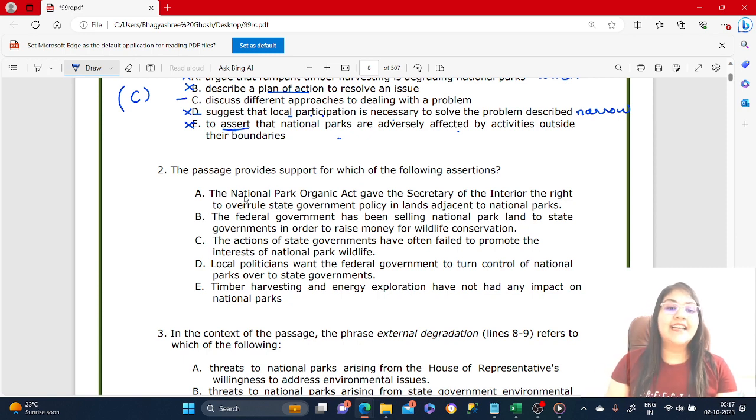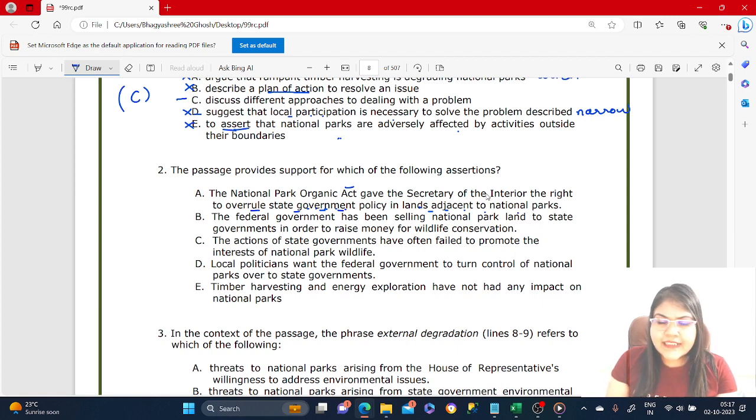A says the National Park Organic Act gave the Secretary of Interior the right to overrule state government policy in land adjacent to national parks. So there is this act, which gave the right that state government policy will be overruled in land adjacent to national parks.